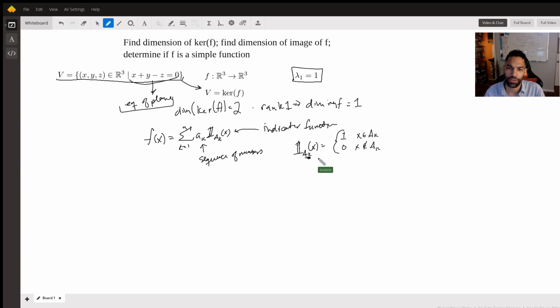And A_k is in this set here. Let me rewrite that a little more neatly.